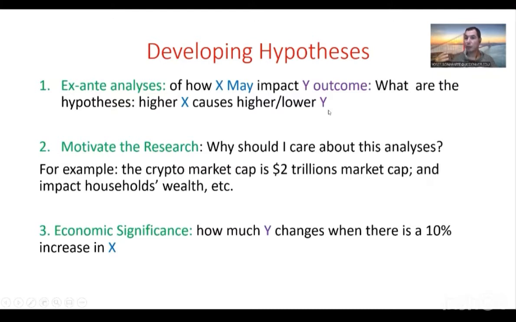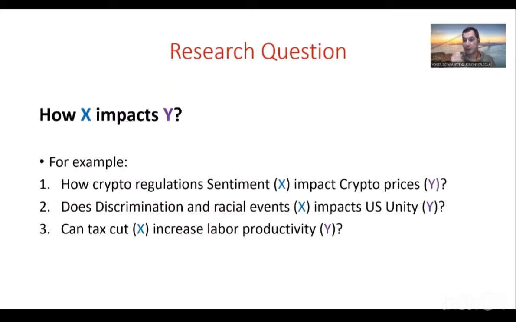So you need to say, we expect, if this happens, like in the case of regulation, some people think that if there is more sentiment, more regulation fear or sentiment across investors, the price of crypto goes down. That's the ex ante hypothesis. We'll see if that's true or not. It could be no impact. It could be positive impact.